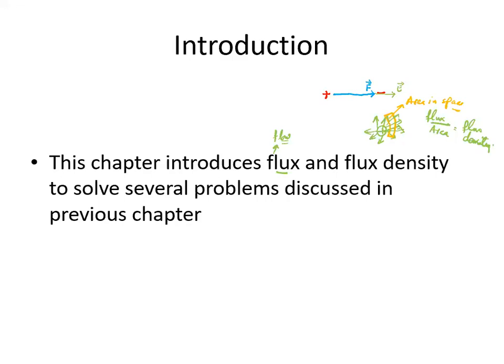Yes, sir. So electric flux moving or flowing out of or flowing into a certain surface area, it's called flux density. So flux density is flux through unit area of surface of object.